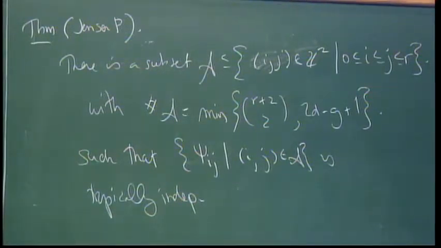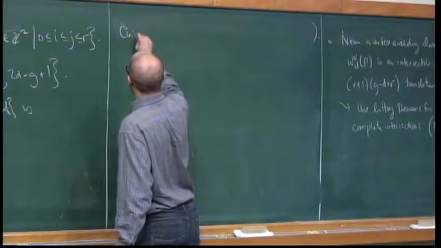So we conjecture that this type of tropical independence structure will hold for higher degrees. And so here's the conjecture.